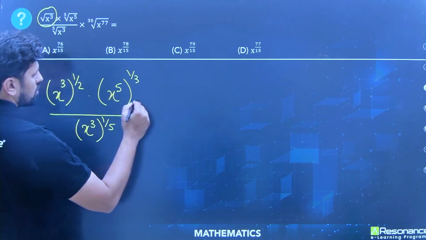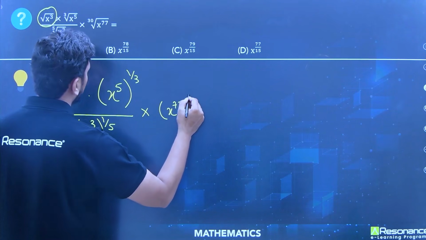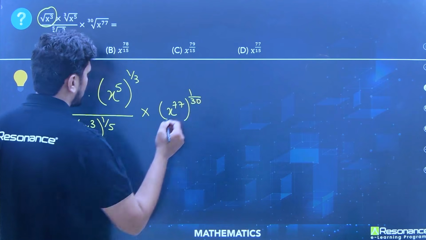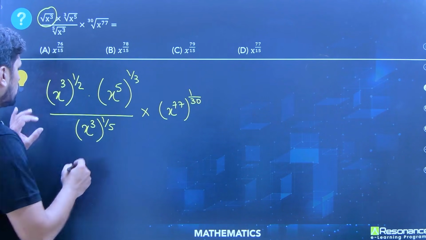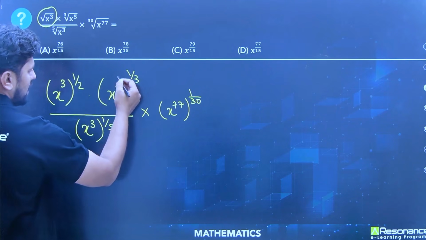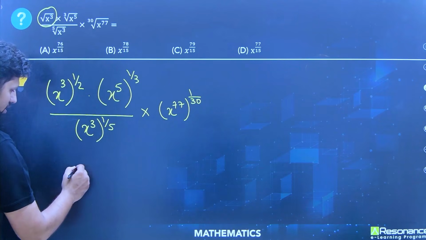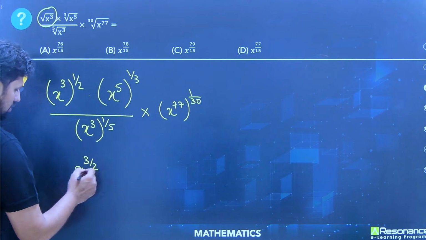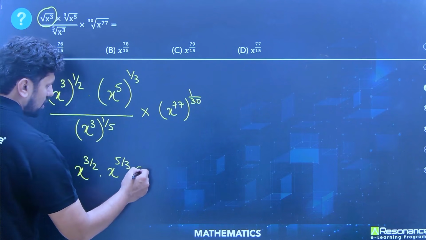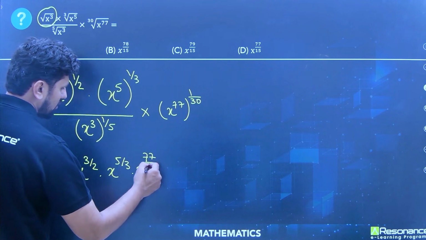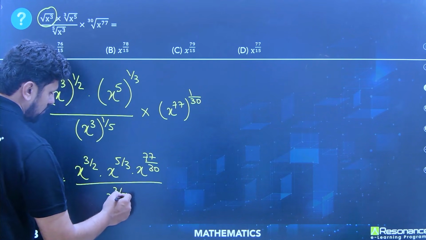That's the fifth root into x to the power 77 whole to the power 1 by 30. Is that correct? Now these two will get multiplied, these two will get multiplied. So x to the power 3 by 2 into x to the power 5 by 3 into x to the power 77 by 30 upon x to the power 3 by 5.